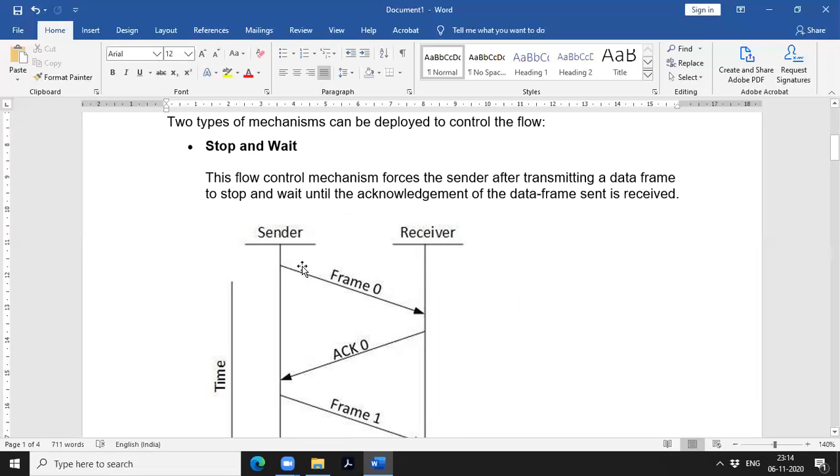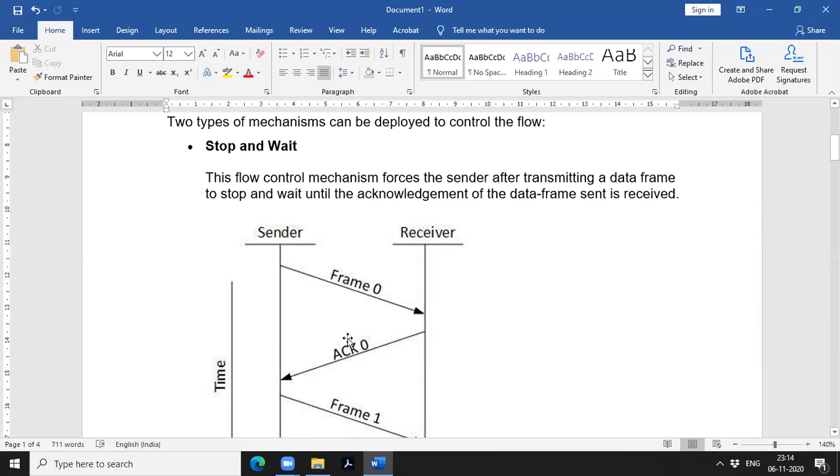Assume that this is our sender and this is our receiver. Initially, the sender sends a single frame, that is frame 0, to the receiver. After the receiver successfully receives the frame, the receiver sends back an acknowledgement that frame 0 has been successfully received.